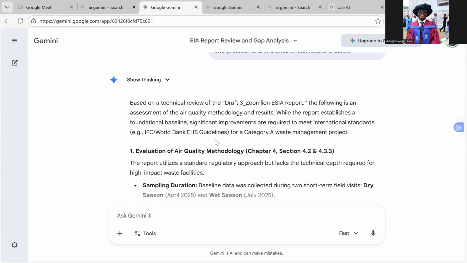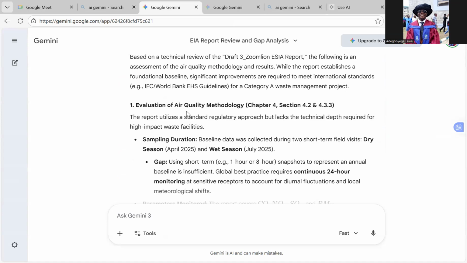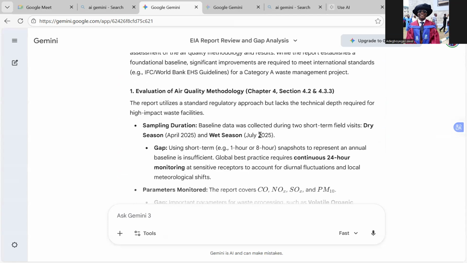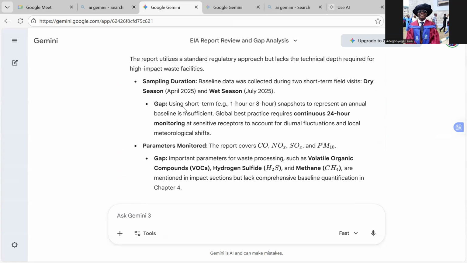So based on it, this is the evaluation of the air quality in chapter 4, sections 4.2, 4.3. I'll just add all this as a comment on it. The gap is, we said we should use continuous 24-hour monitoring as a sensing receptor to account for the diurnal fluctuation and local meteorological shifts.